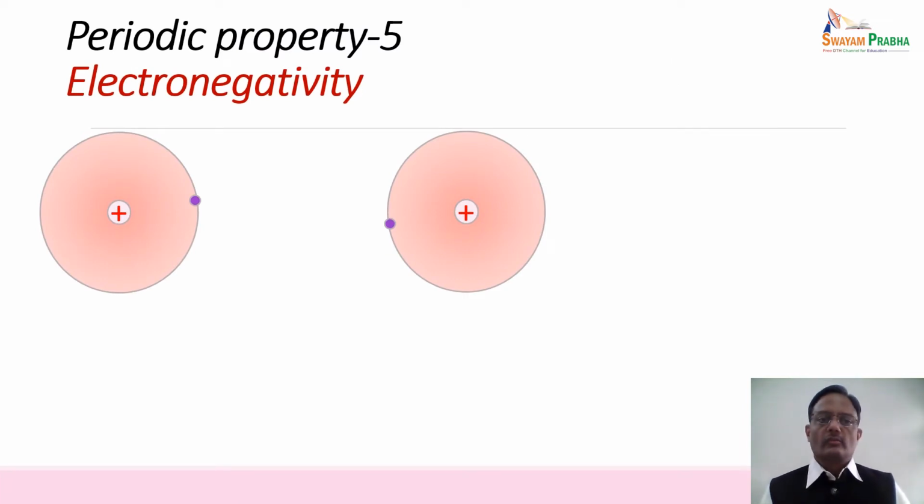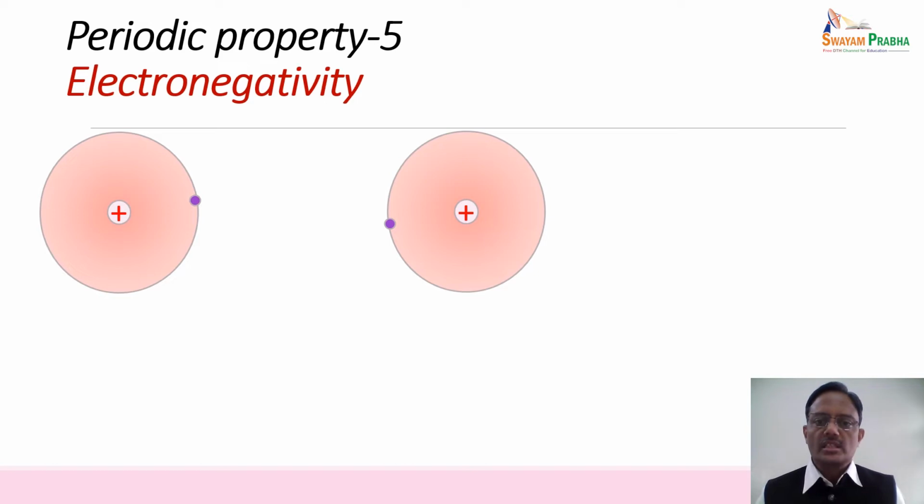Let us start with what is meant by electronegativity. Now we know that when a molecule is formed, most of the time what we talk about is covalent bonding, where a bond takes place between two atoms in order to pair up their unpaired electrons.